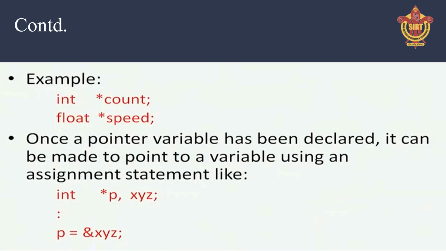Once a pointer variable has been declared, after that we use an assignment statement to load the address, or to store the address, into that pointer variable. As shown here, I have declared a pointer variable p with the asterisk sign whose data type is integer, and an integer variable xyz whose data type is also integer.